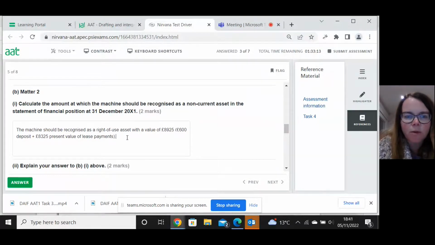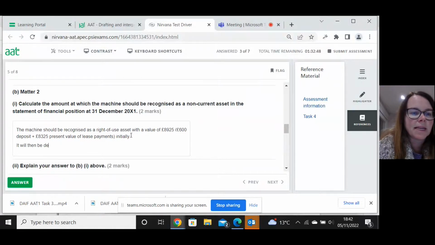What I've written there will be how much the machine will be valued at to begin with. This question is asking me at the end of the year, so I'm going to have to bring in the depreciation. So the machine should be recognised as a right of use asset with a value of 8,925. I'm going to put initially.